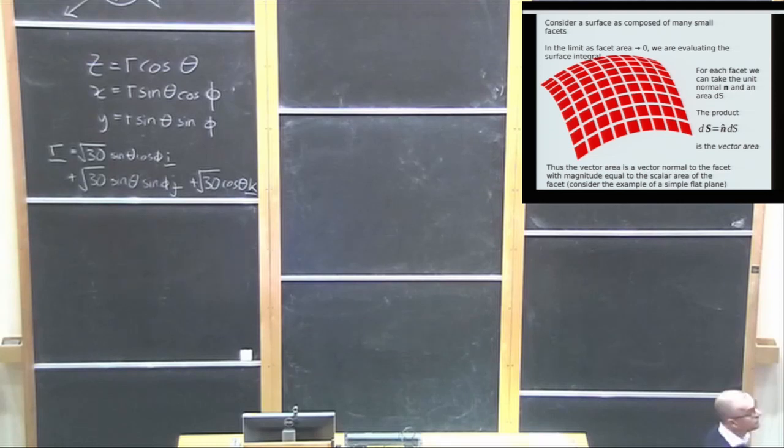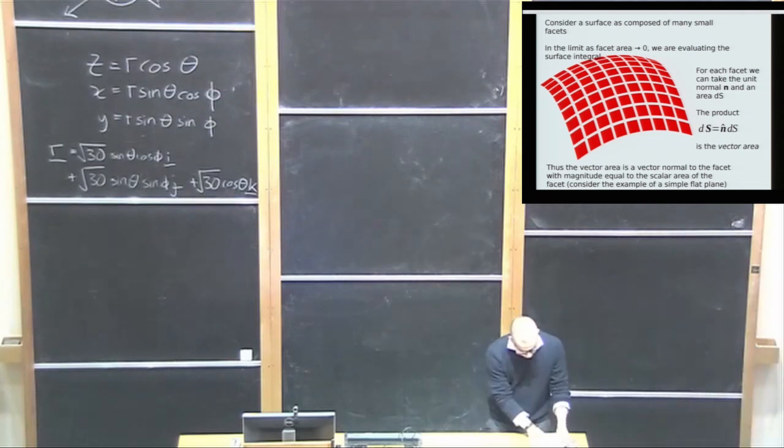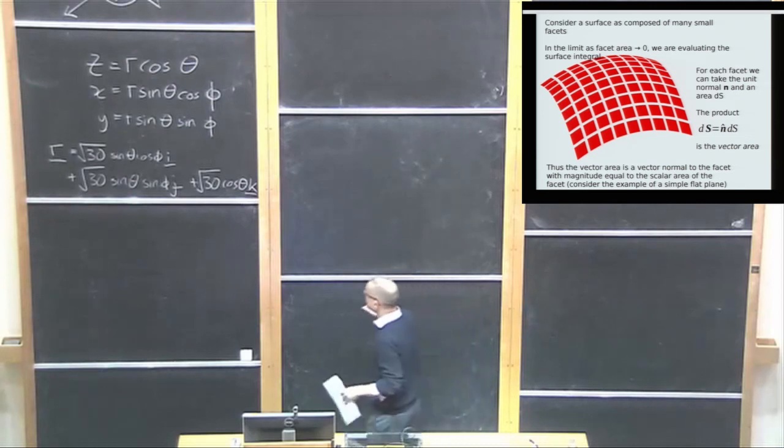So we break the surface up into many small facets, and when we do the integral, of course, we take the limit where those facets become infinitesimally small. For each of these facets, we take the area of the facet, which is the scalar ds, and we project it in the direction which is the normal to that surface, given by n hat. And that is the vector area of our facet.